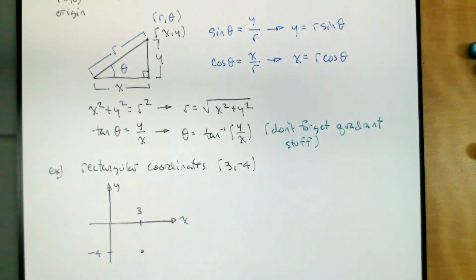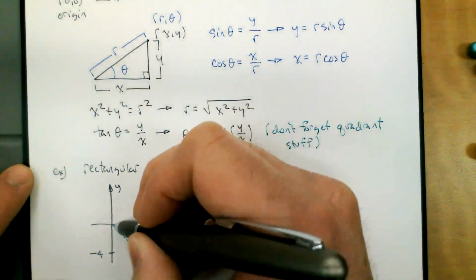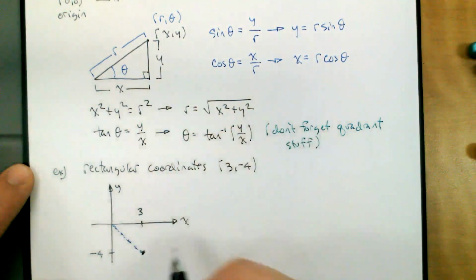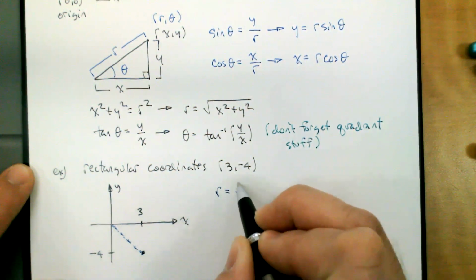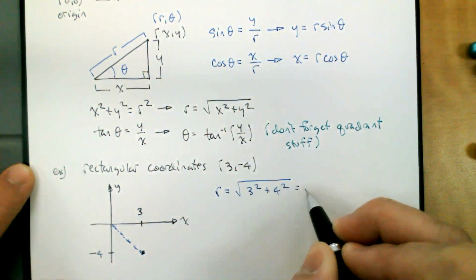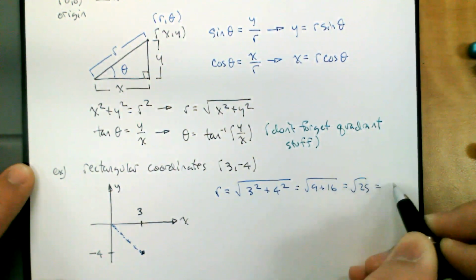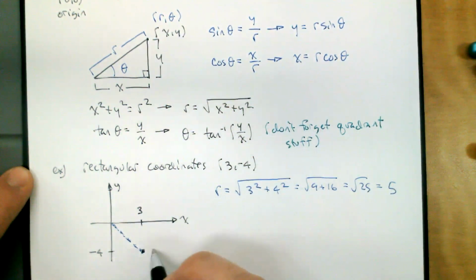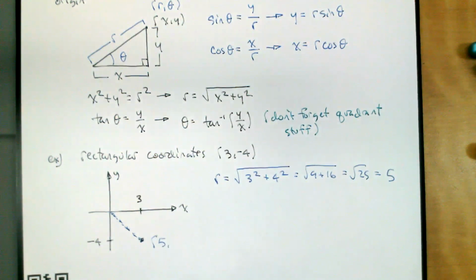And we want to locate this point in polar coordinates. So that point is 5 units away from the origin.